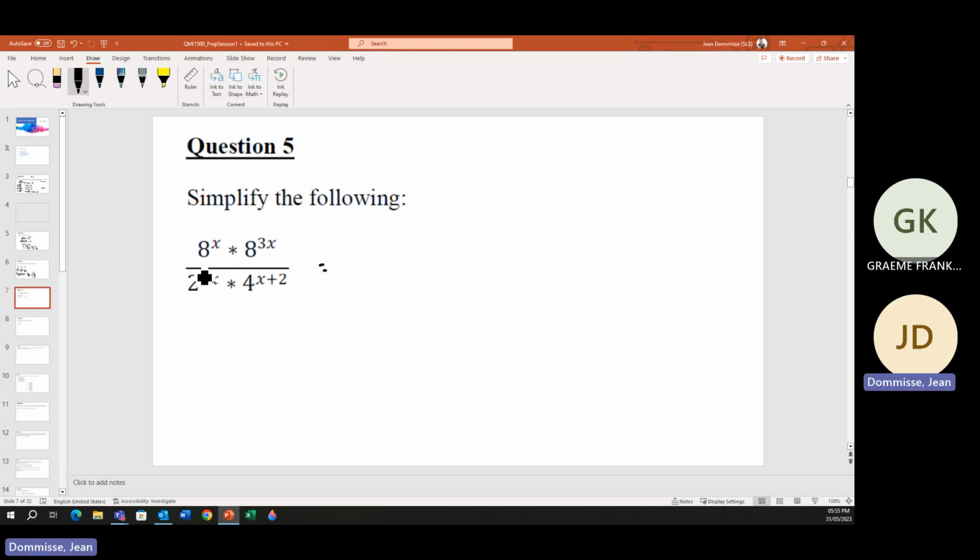So for me, if I look at 8, I can simplify 8 by saying that is 2 to the power of 3, because 2 times 2 times 2 will give you 8. So at the top, we basically have 2 to the power of 3x, and that multiplied then by 3 times 3x.